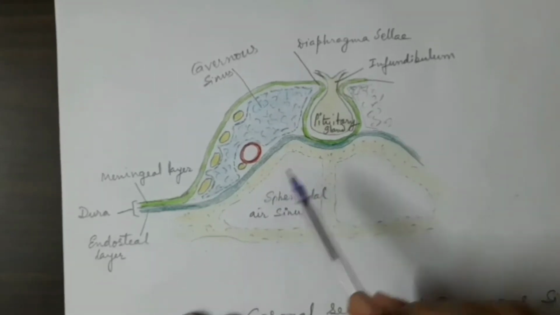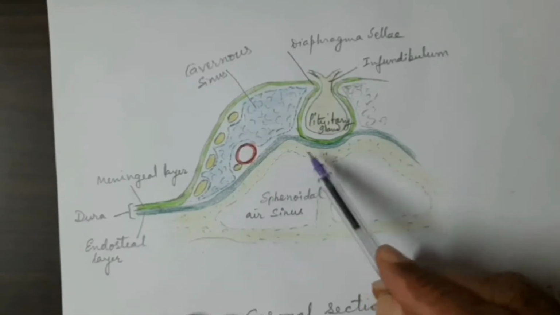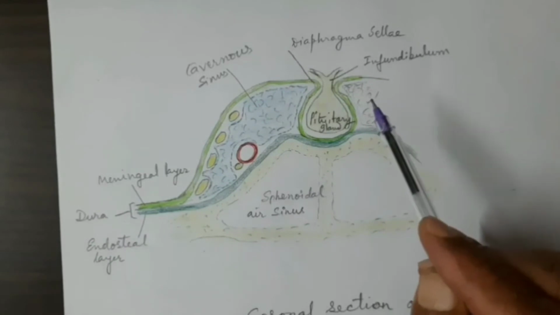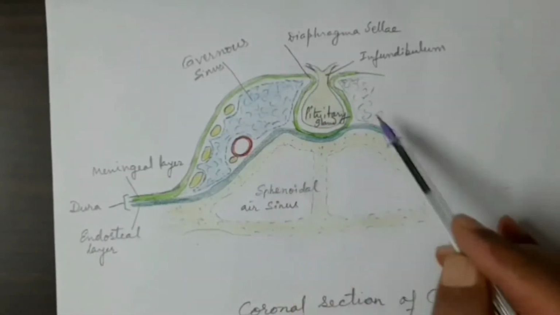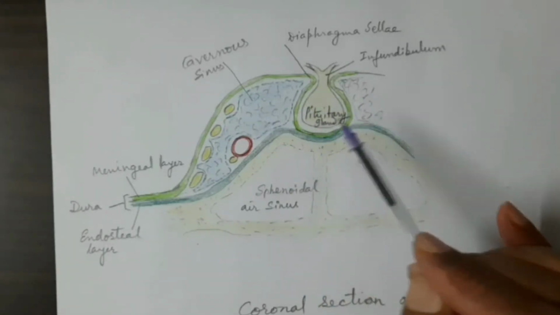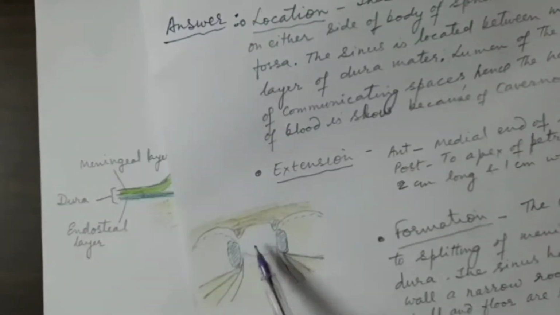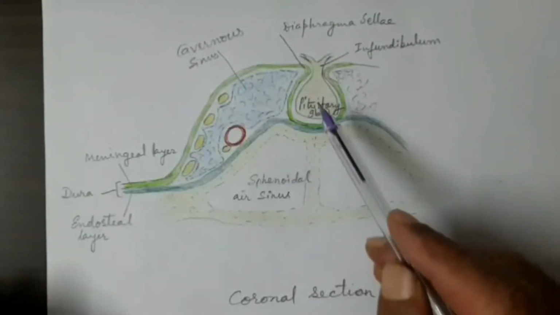Now this is the pituitary fossa, and on the pituitary fossa, which lies between the right and left cavernous sinus, here is the left cavernous sinus and this is the right cavernous sinus. In between them, on the pituitary fossa, is the presence of the pituitary gland.